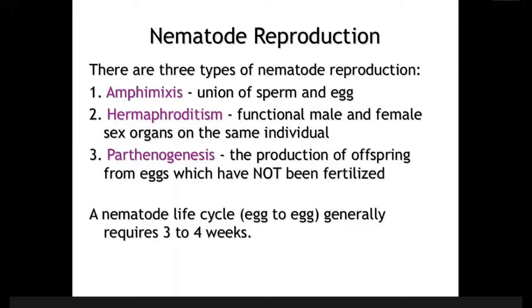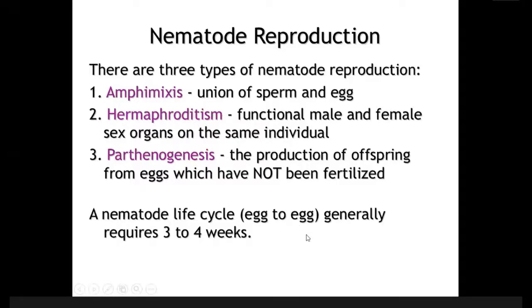There is no involvement of sperm in this case. And to complete the life cycle of nematode, that is egg to egg, normally 3 to 4 weeks are required, but it varies from nematode to nematode. But in general, about 1 month is required to complete the life cycle of nematode.